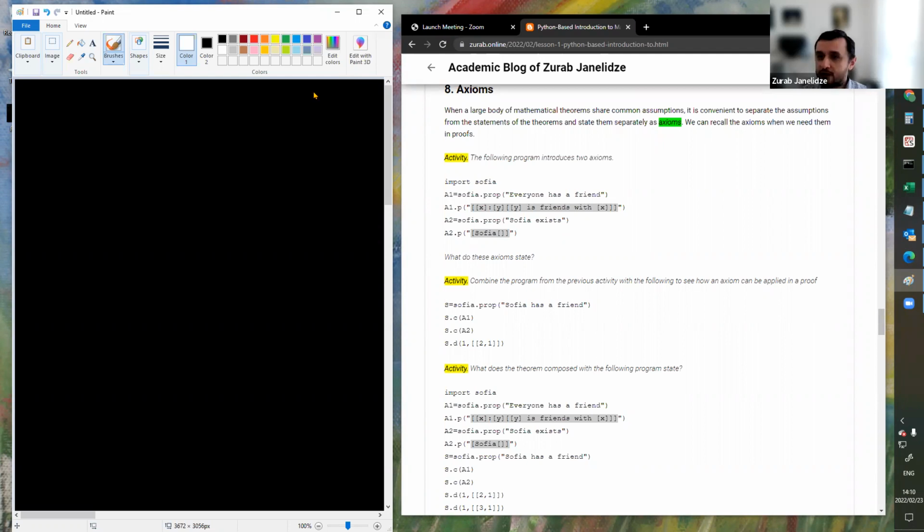So we have here an example of an activity which will demonstrate an example of an axiom. There are two in this first activity we're looking at here. I apologize to those of you who already have looked at this section.